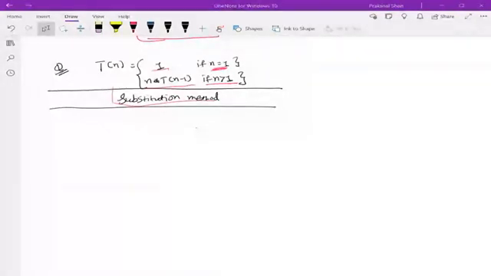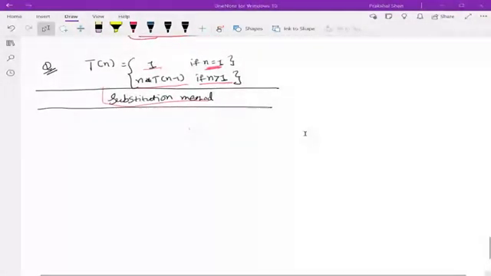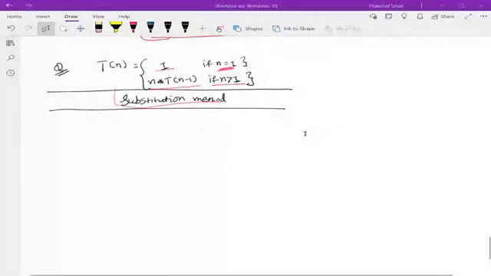What is the status? How about everyone else? Only two guys are trying and two or three guys have done. Okay, chalo, you can try it. I'll wait.